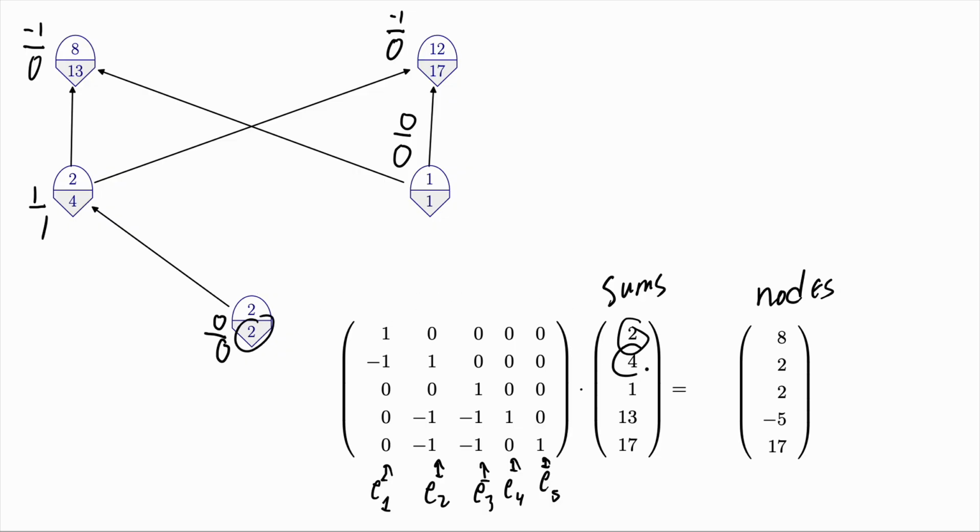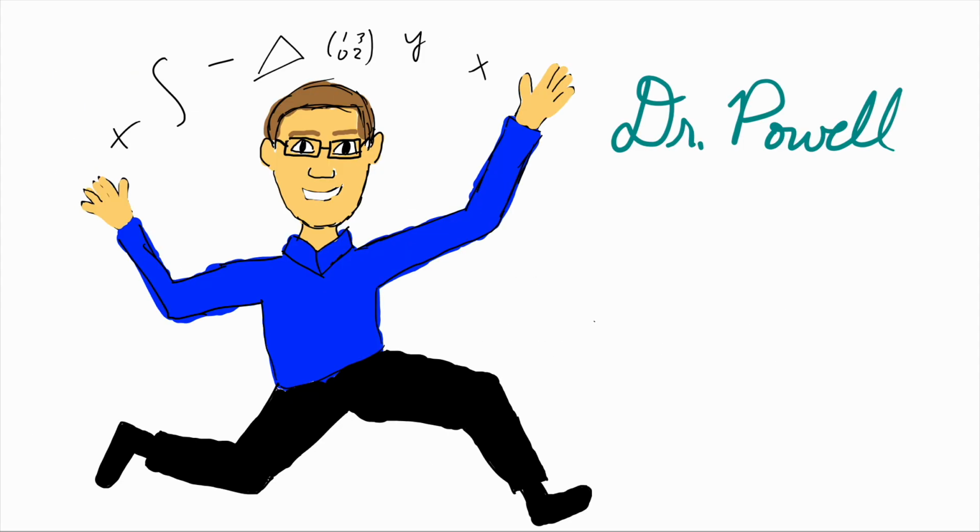The sum of 4 is right here. And the sum of 1 is right there. The sum of 13 is over here. And the sum of 17 is up here. So putting these sums into this matrix will output the respective nodes. And all we needed to do to get this matrix was to know the images of E1, E2, E3, E4, and E5. Thanks for watching.